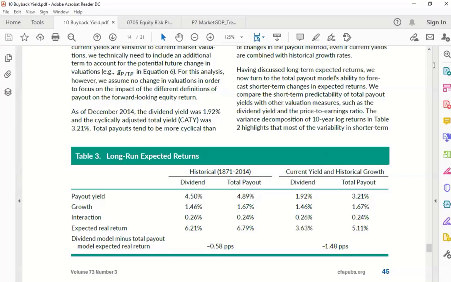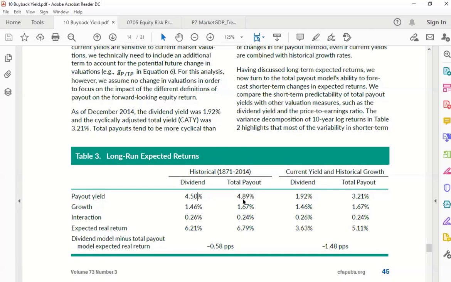So you can see the payout yield, dividends versus total payout. So look back to 1871 through 2014. Dividend yield was 4.5%. The payout yield was 4.89. So stock buybacks added almost nothing to that yield, only 0.39%.